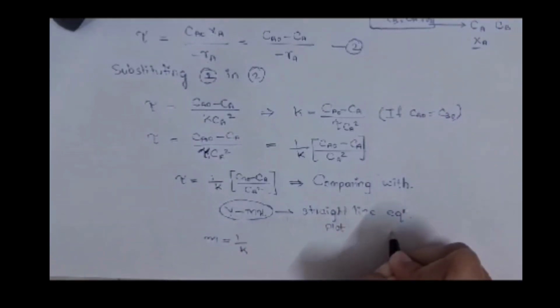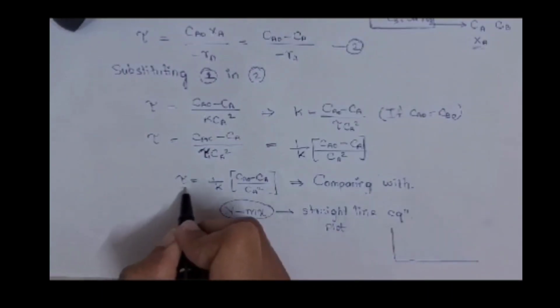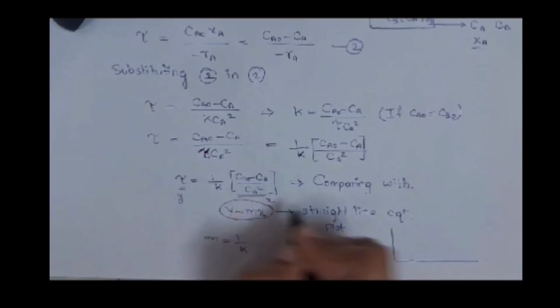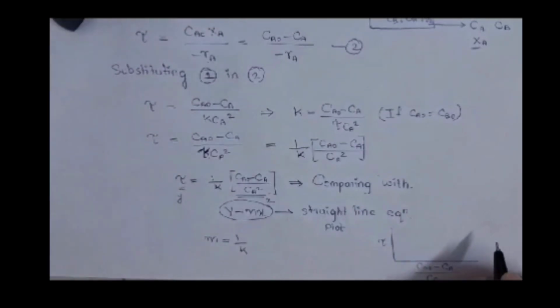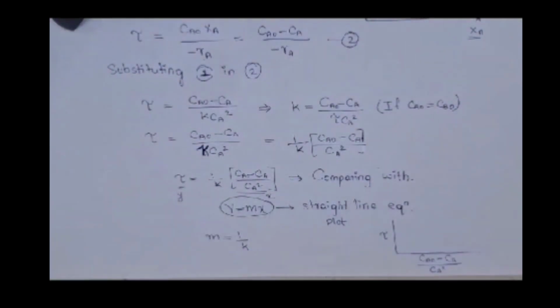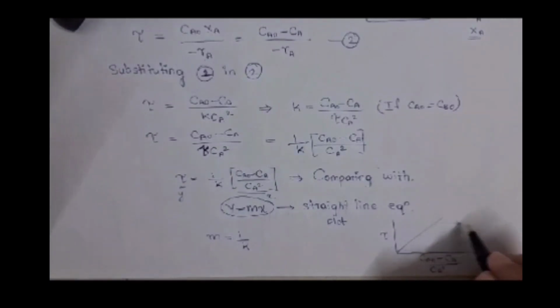By plotting τ against (CA0 − CA) / CA², we get slope m = 1/k. This is the graphical method to find the value of the rate constant.